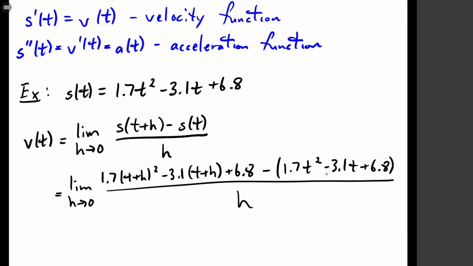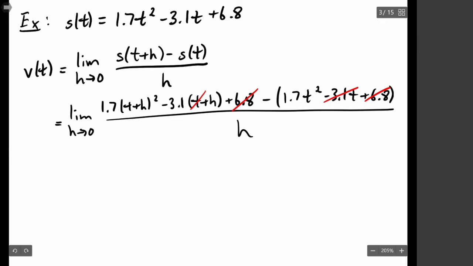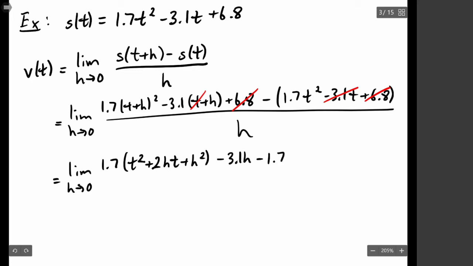So this is going to cancel the t here. This will cancel with this. So we get the limit as h goes to 0 of 1.7 times t squared plus 2ht plus h squared, minus 3.1h, minus 1.7 t squared, and again, this is going to cancel with this, all over h.